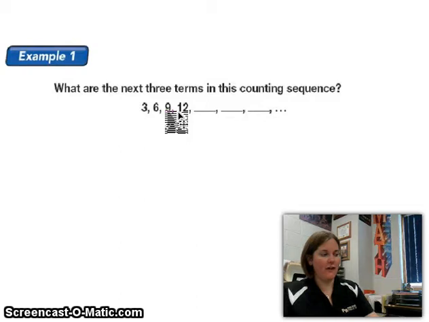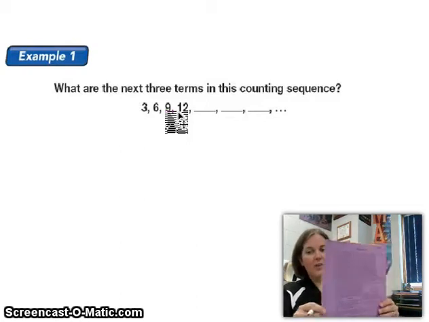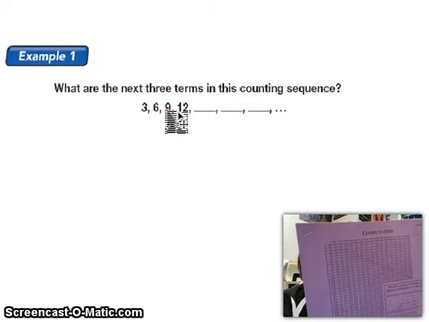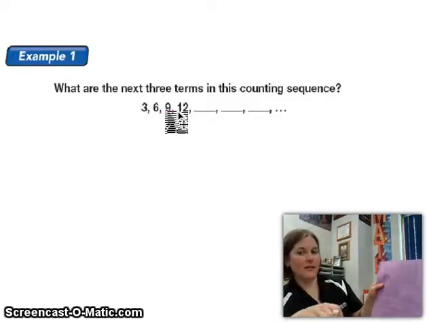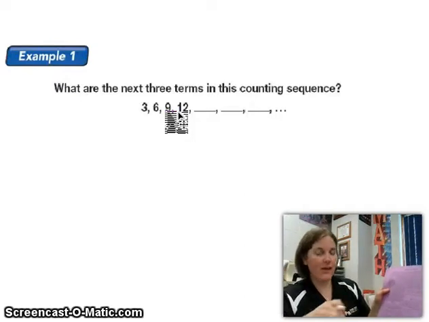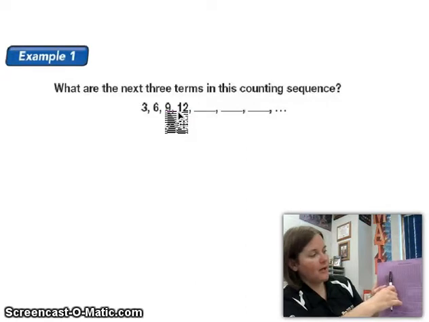Now, all of my fifth graders have math pages or reference sheets, and on the very first page is the multiplication table, and it has quite a few of that. One way you can use this is once you know what the rule is, if it's counting up by 3, you can go to the 3 row and follow it across.